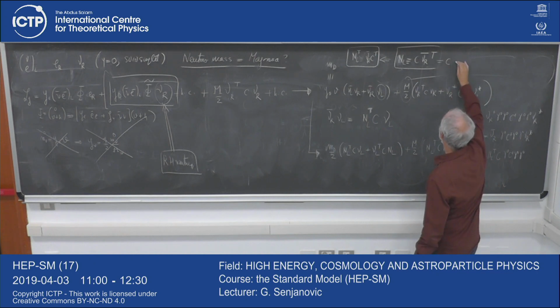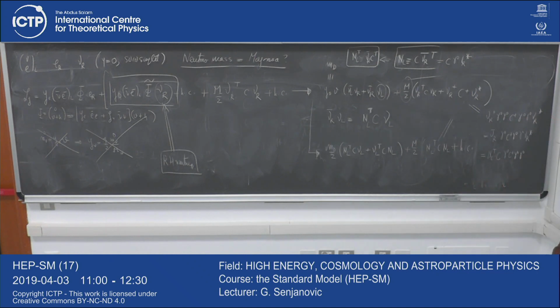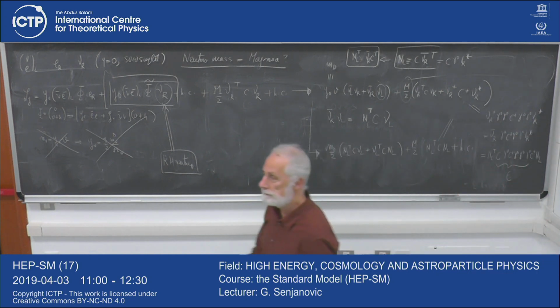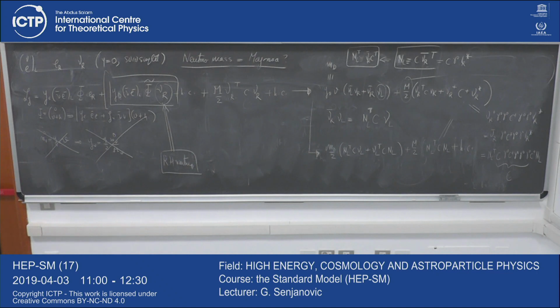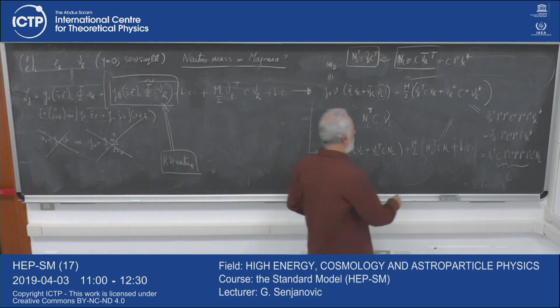What is this? This is C gamma 0 nu R star. So nu R star is gamma 0 C dagger, I guess, and this mess here is just C. There are 4 gamma zeros, they give you 1. 3 C's give you 1 C, because C squared is minus 1. Please check. Bottom line.